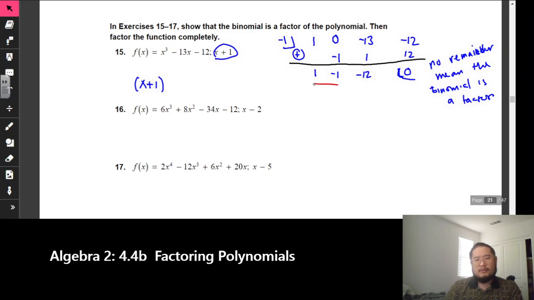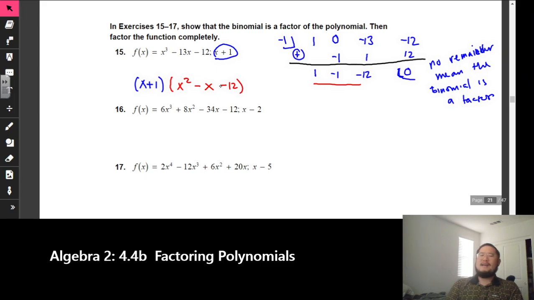These 3 numbers will represent the rest of our polynomial. Remember, we started with x to the third and divided it by x plus 1. So that means we're going to be left with 1x squared minus 1x minus 12.